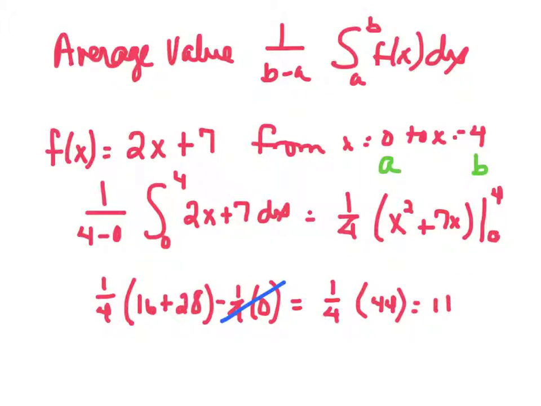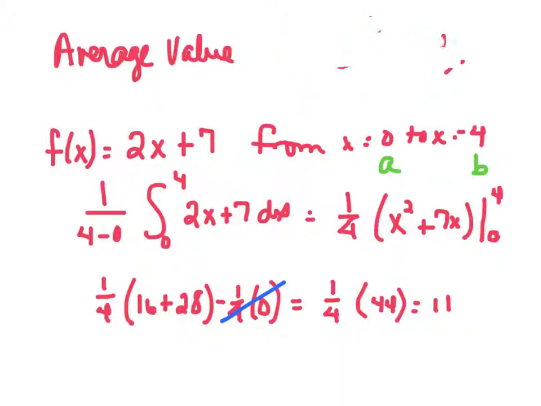So what we found was, if we were to graph this, let me go back up here to the top. Take our formula out and let's look at this thing graphically. So if we were to graph y equals 2x plus 7, we'll just give it a rough sketch here. We'd start up at 7 with a slope of 2, so it looks something like that.